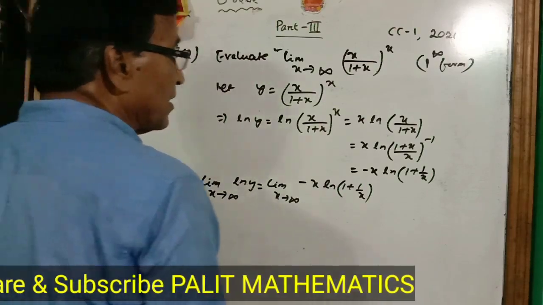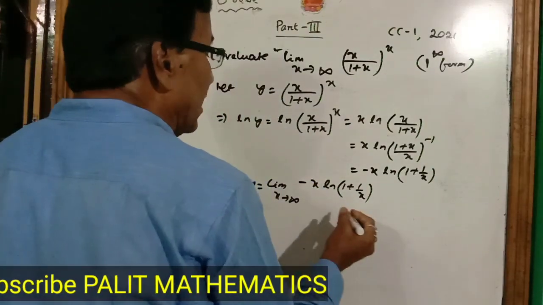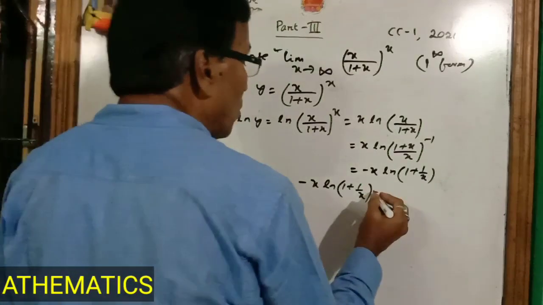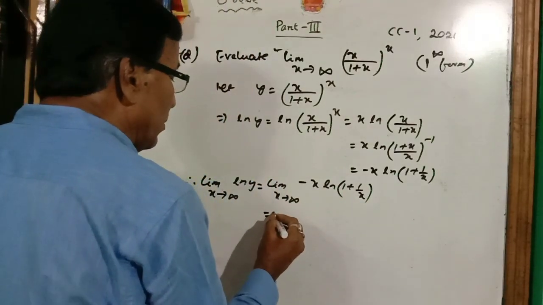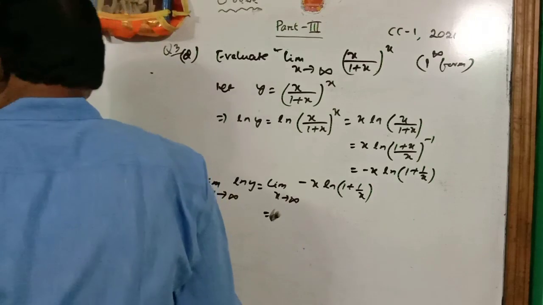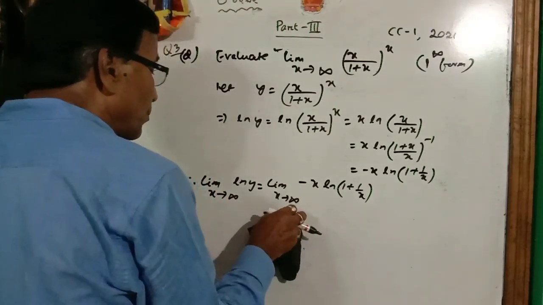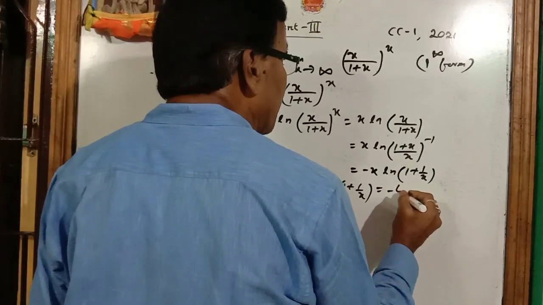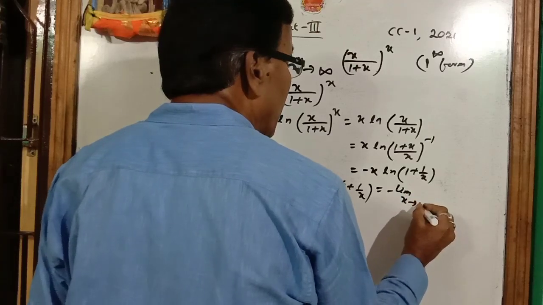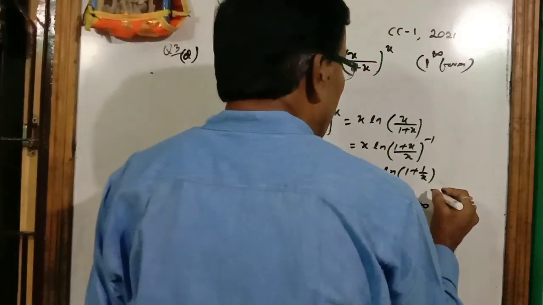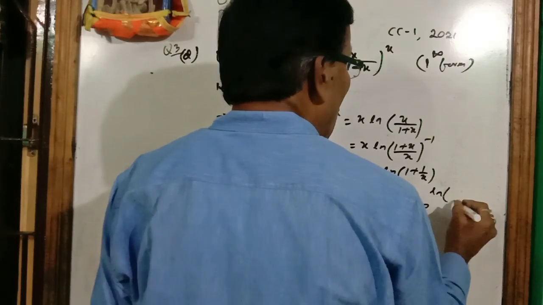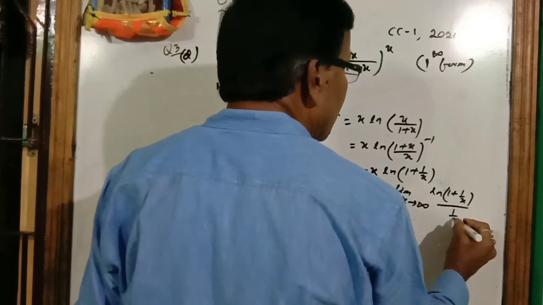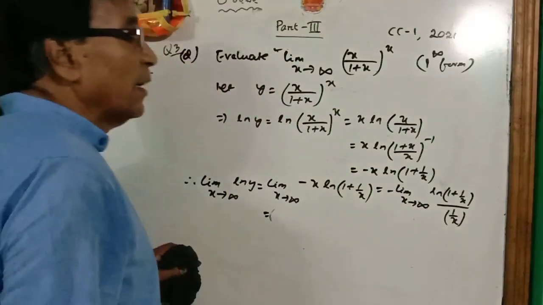Now, minus is a constant, so we can take it out. This is equal to minus limit as x tends to infinity of log of (1 plus 1 by x) divided by 1 by x.